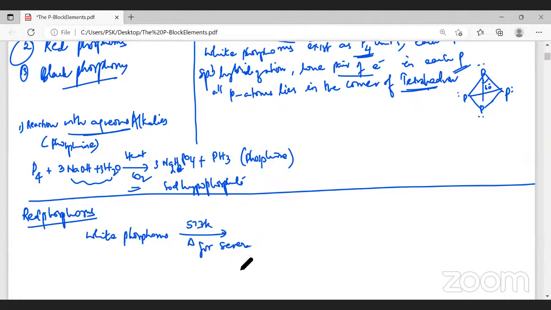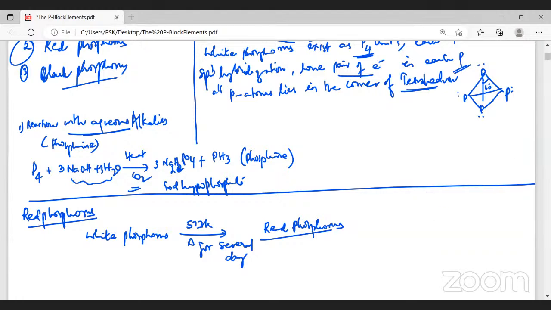It's a slow reaction. When white phosphorus is heated in an inert atmosphere of carbon dioxide at 573 Kelvin for several days in an iron container, white phosphorus gets converted to red phosphorus.